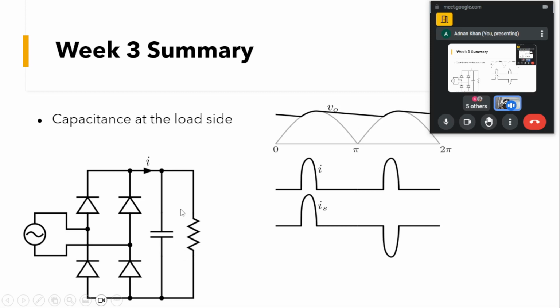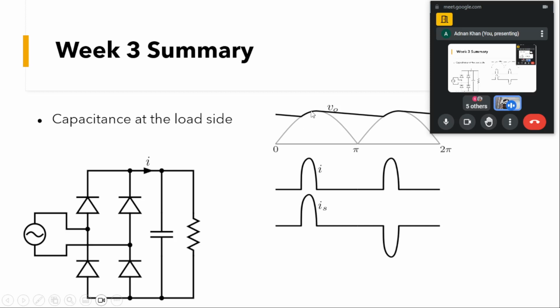That is why the slope of this V out will depend upon the size of the capacitor. The higher the size of the capacitor, the lower its slope, it won't discharge quickly, it will take more time to discharge.